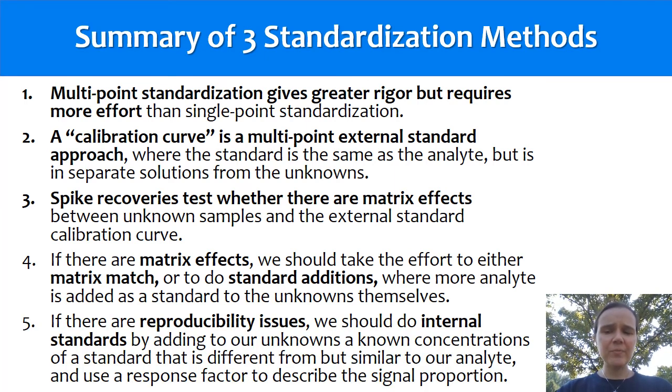Lastly, if you have reproducibility issues, you should use internal standards, which is the only method of standardization that I've talked about where your standard is a different molecule, similar to, but different from your analyte. And you're going to use a response factor between your analyte molecule and that standard to see how their proportion stays constant, which helps you deal with reproducibility issues.